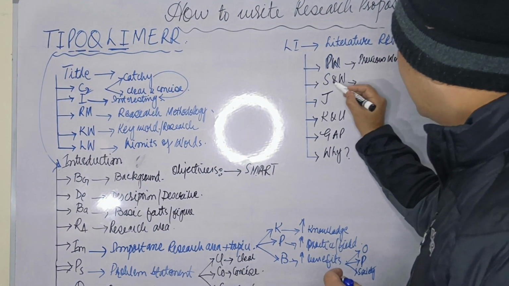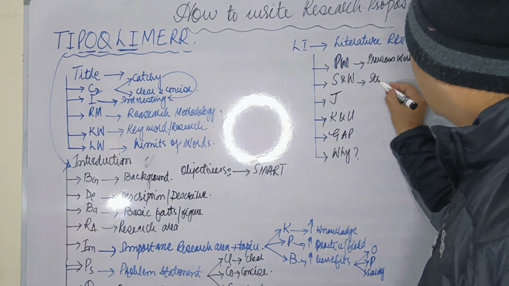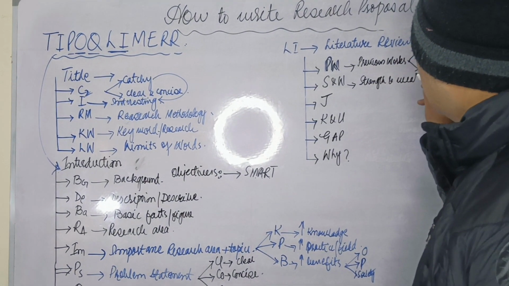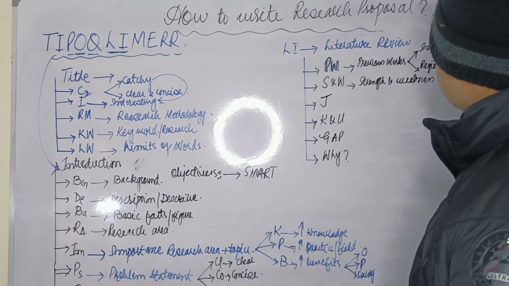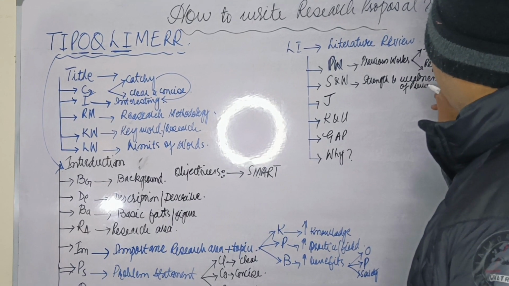Now what is SW? In the literature review you will write down the strengths and weaknesses of the previous work in the research area.